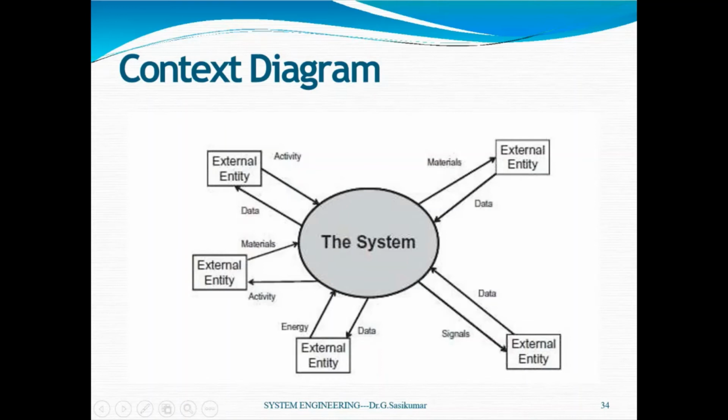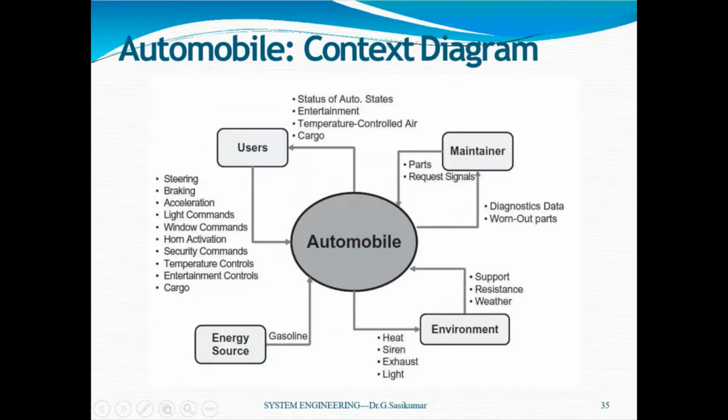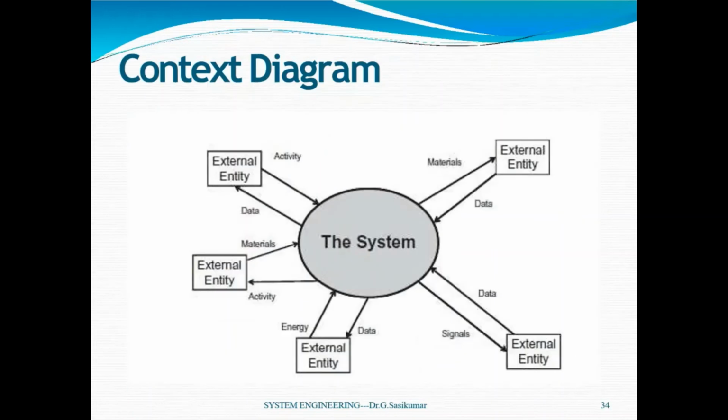Material, signal, energy, and activity data. We need data, we need activity, we need materials to connect with the system. Those are called external entities: materials, signals, energy, and activity. This is a typical structure for an automobile industry. This is a general overview.